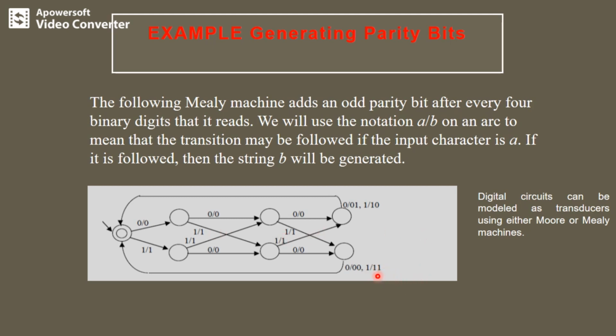That's why you are outputting two ones. So this is the example of generating parity bits using a Mealy machine. And for example, you can consider a digital circuit which can be modeled as a transducer using either a Moore or Mealy machine.